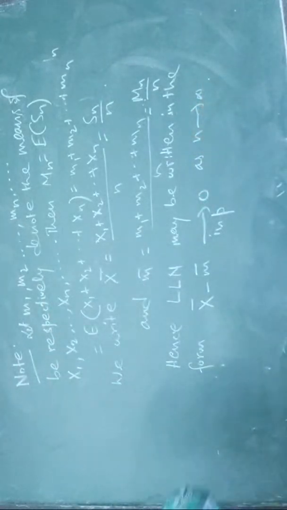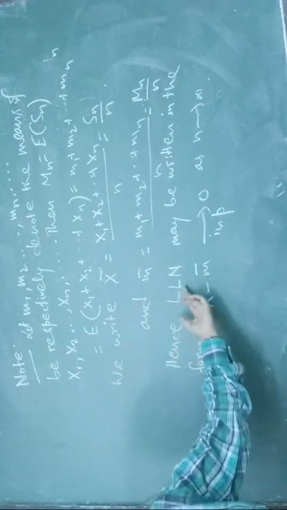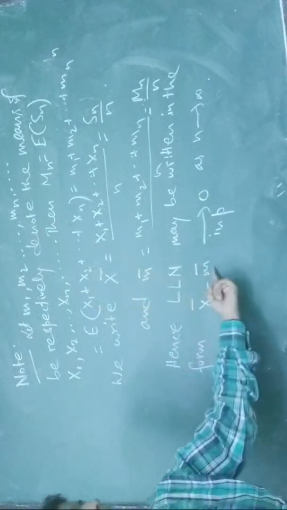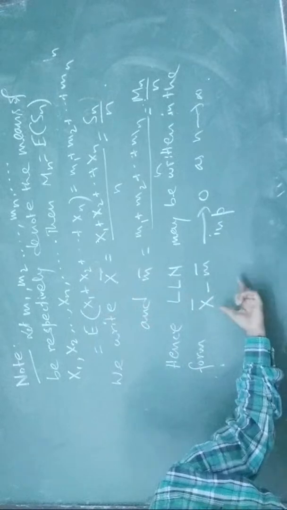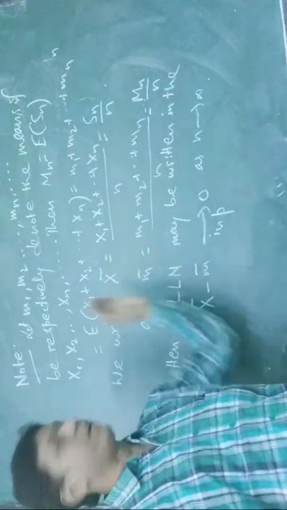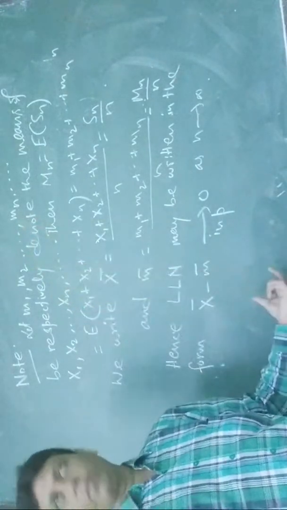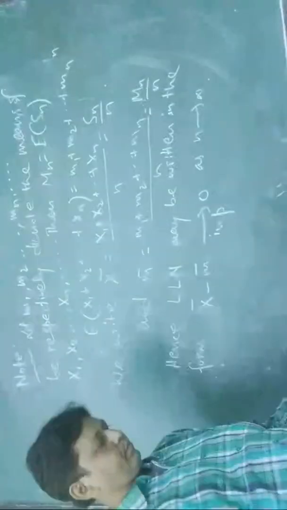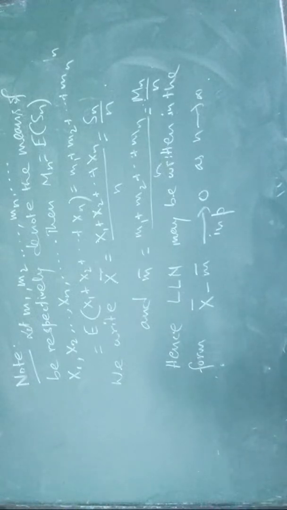Go to the theorem, law of large numbers, and just replace your Sn by n by x bar and Mn by n by m bar. Your law of large numbers can be in this form. This is also very important. If the law of large numbers is not straightforward, then you have to write it in this form. Understood? Now I will prove the law of large numbers for equal components.